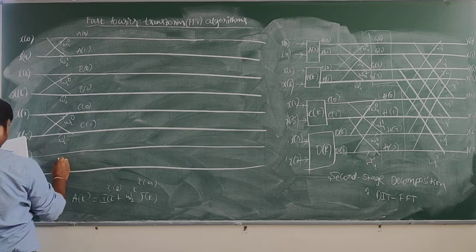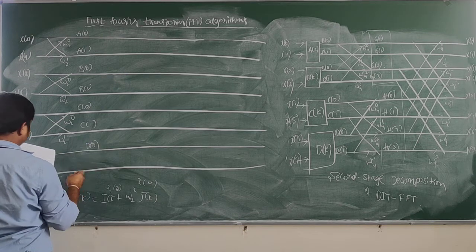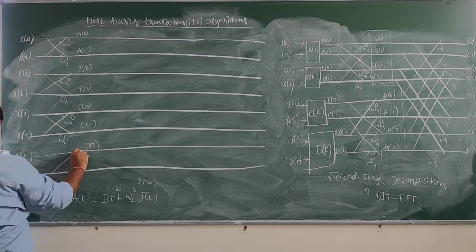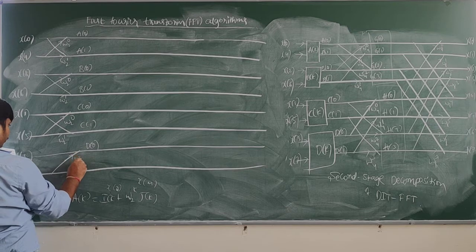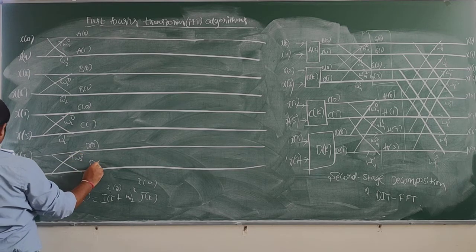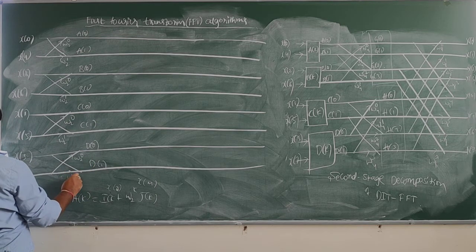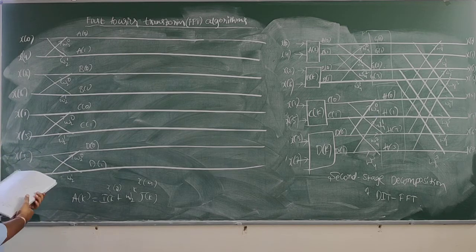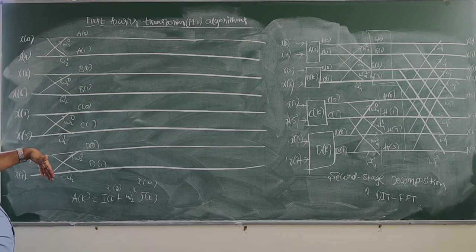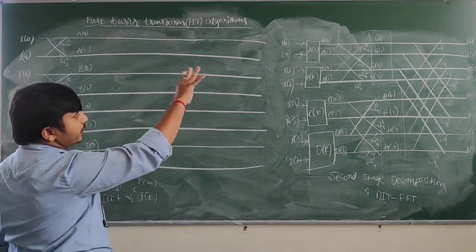Okay. So next, d of 0 is equal to x of 3 plus w2 power 0 into x of 7, and d of 1 is equal to x of 3 plus w2 power 1 into x of 7. Okay. So now I have decomposed the 2 point DFTs into 1 point DFTs. Okay. So next, retain the same structure here.